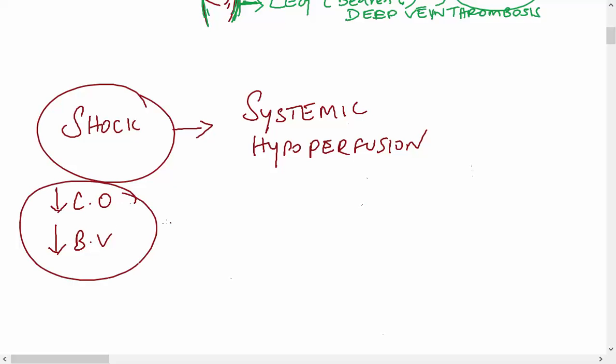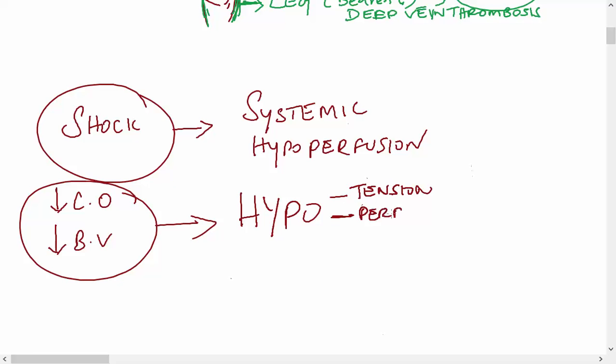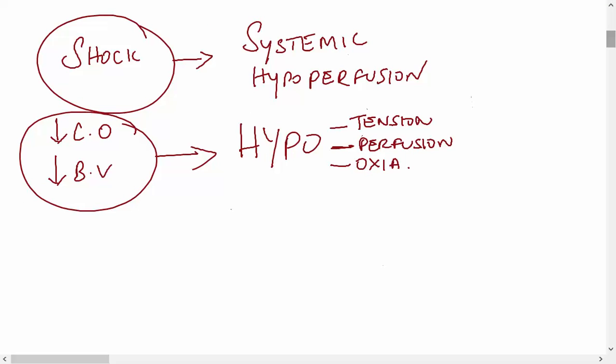Both will cause what? Three hypos. What are they? Hypotension, hypoperfusion, then hypoxia. Understand? Okay. So these are the three things that happen. When the three things happen, they will produce severe collapse of the entire system in the body. Okay.